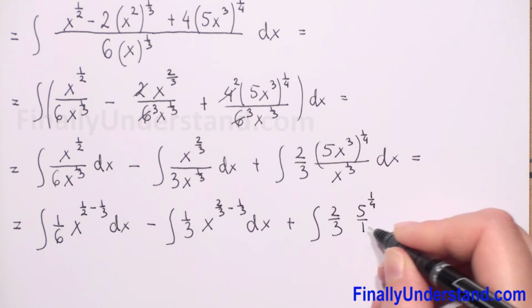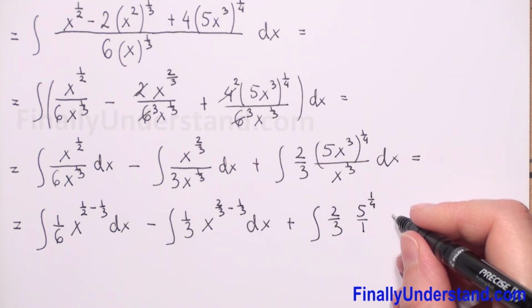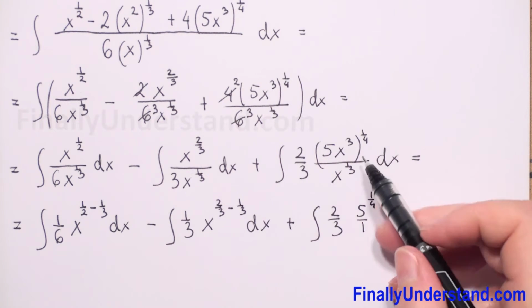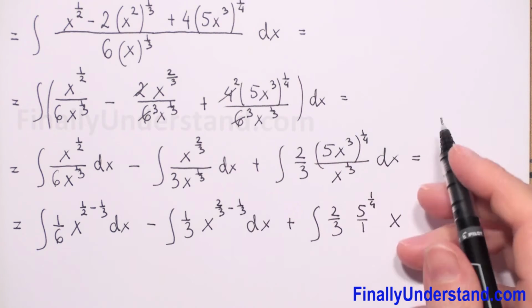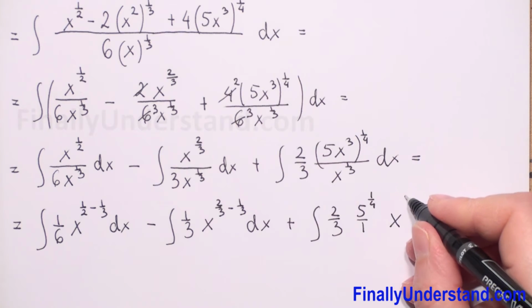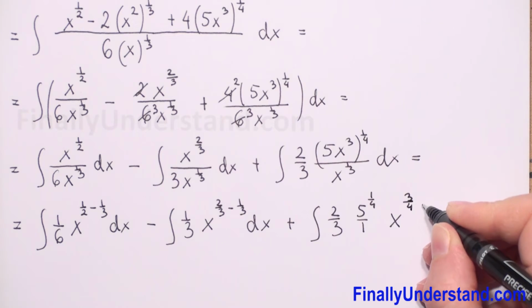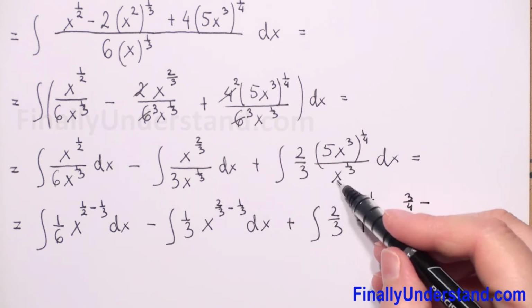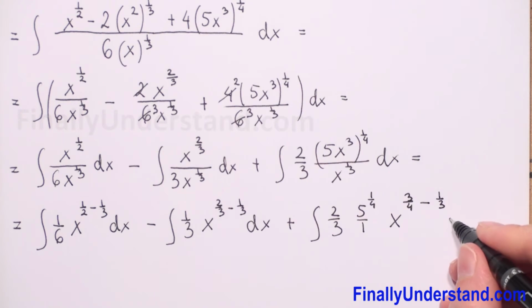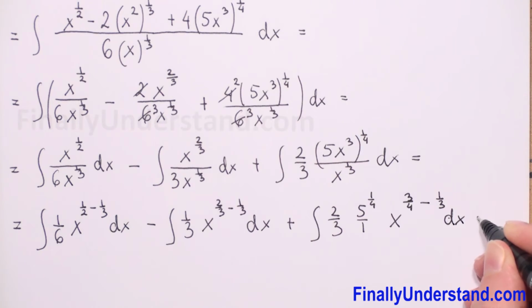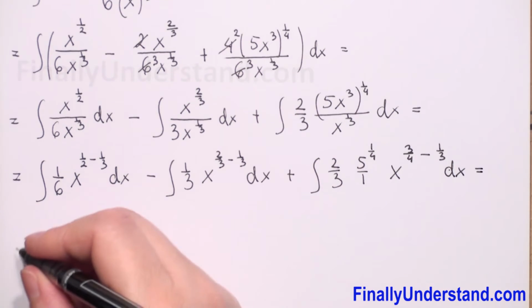We can write over 1 times it will be x. We have x to the third power to the power 1/4, so it will be x to the power 3/4 minus, when we have the same base, we subtract the exponent, minus 1/3. So with respect to x, so this is equal.